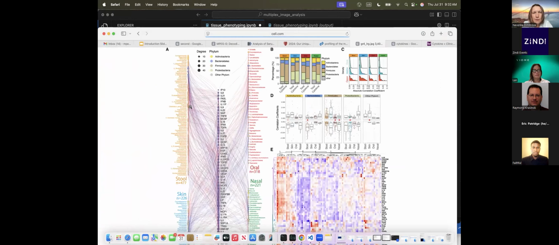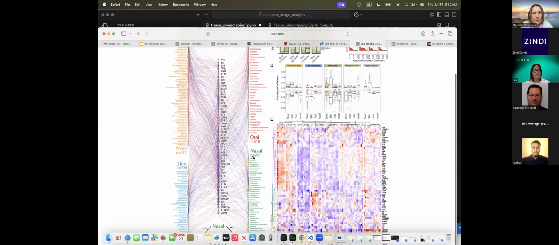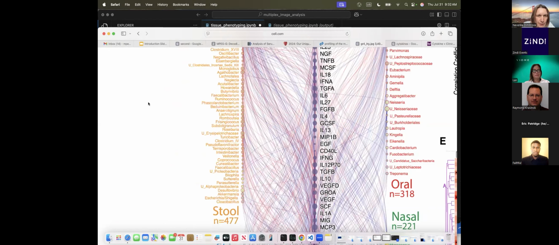And then each circle, the size actually denotes the significant correlation count. So all of these unpronounceable names are the cytokines, and here are all the representations for stool, oral, skin, and nasal genera from the microbiome study, as you will see here.